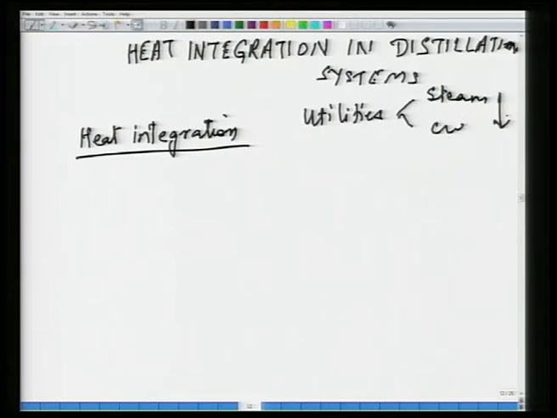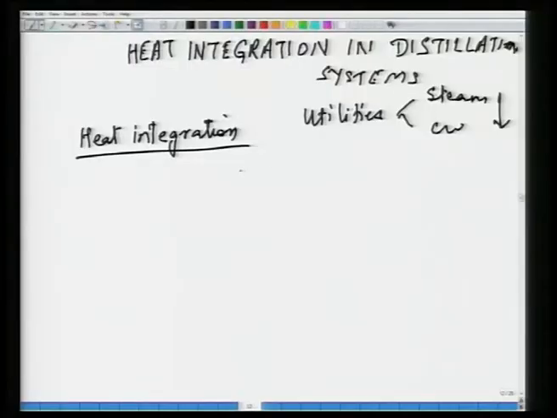So, your steam consumption per kg product produced can reduce significantly because of heat integration. That is the idea behind heat integration. And why do you want heat integration? Because you want to consume less and less energy, because energy is expensive. It is also for economic reasons basically.